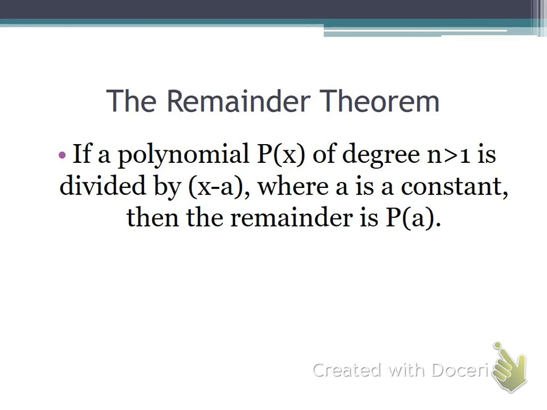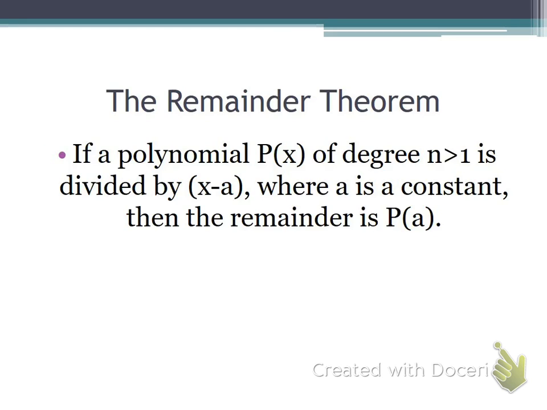So related to this topic is the remainder theorem. If a polynomial, what they're calling p of x, a polynomial of degree n greater than 1, so meaning it's at least a quadratic, is divided by x minus a, where a is a constant, then the remainder is p of a.